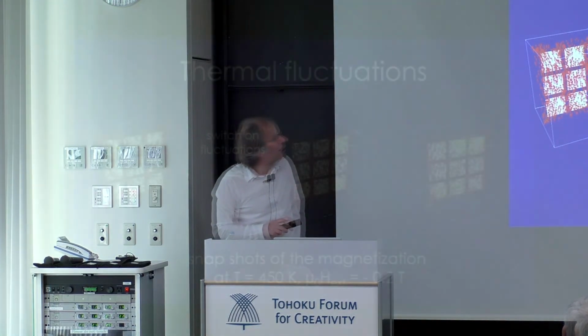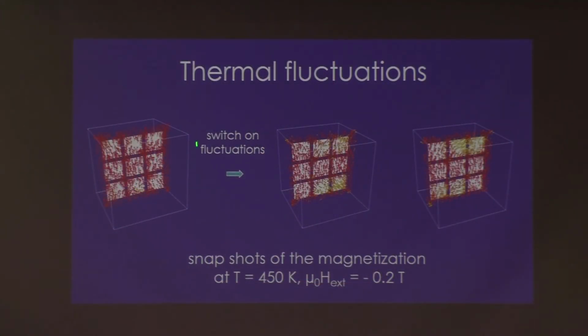So let's have a further look. Here you see a slice through the magnet, so the red arrows indicate the direction of the magnetization in a classical micromagnetic picture. Now, if we switch on thermal fluctuations, we have these kicks of the magnetization vector, and you immediately see here that these images are changing over a time scale of less than a nanosecond.